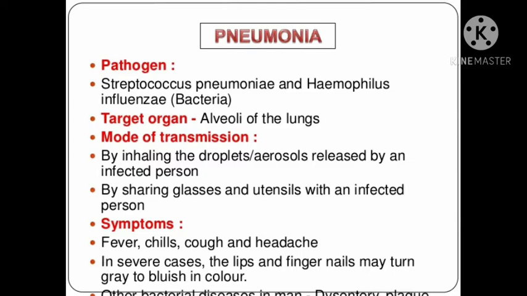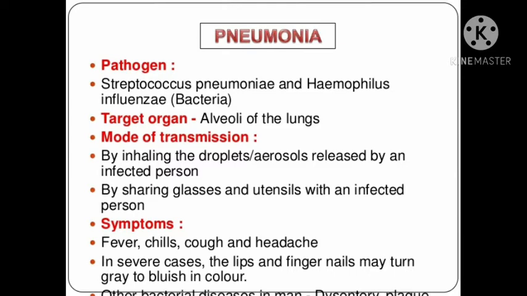So these are the common preventive measures available for pneumonia. Other than this, there are other bacterial diseases, the most important one being tuberculosis. We also have leprosy, then plague, etc., which are known to cause serious destruction in the human population.